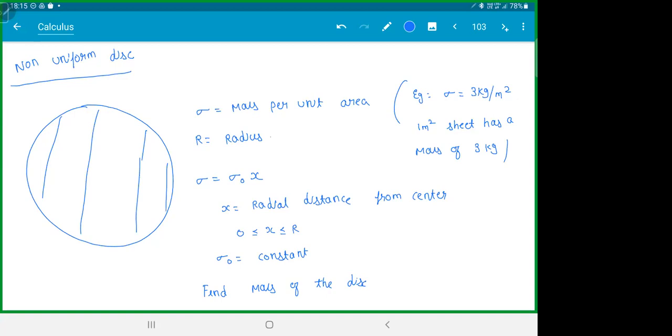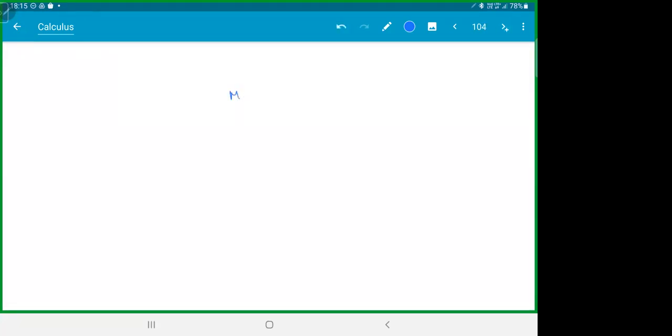Now, see this thing. If the disk was uniform, you could have simply said mass of the disk will be sigma into area. Isn't it? Mass per unit area into area will give you the mass of the disk.